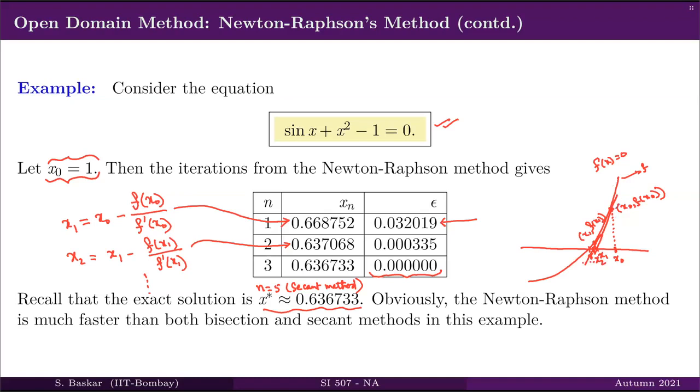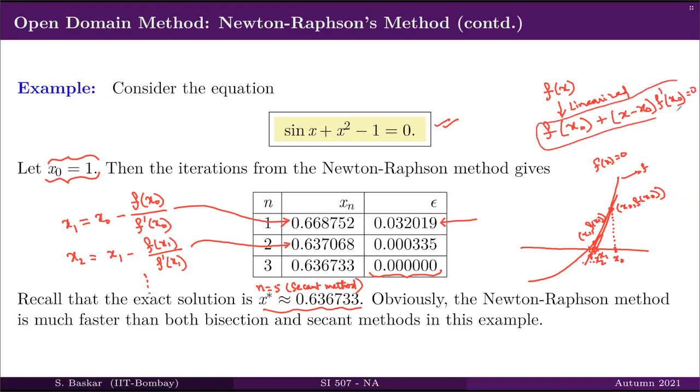Why is it a tangent line? Because if you recall in the derivation of Newton-Raphson method, we have taken f of x and linearized it, and took f of x naught plus x minus x naught into f dash of x naught equal to 0. So we considered this equation, right?